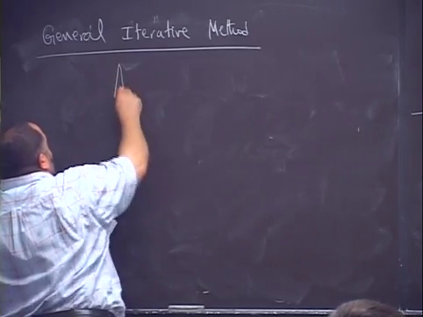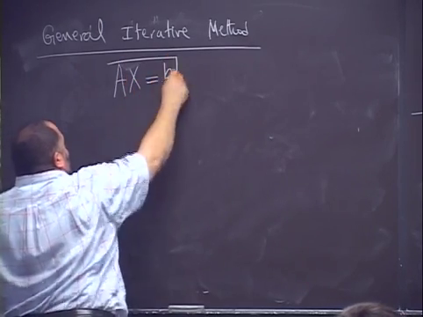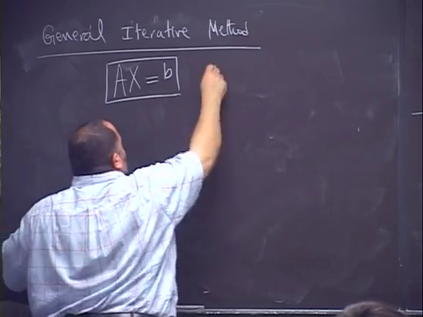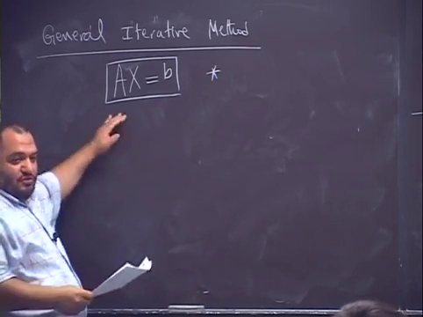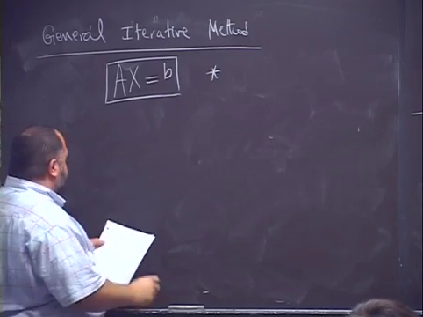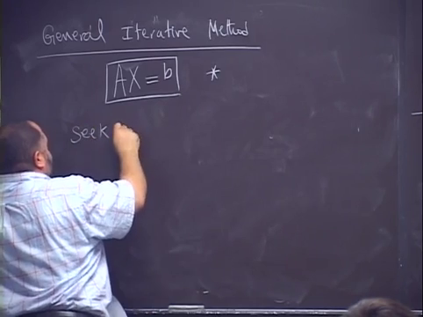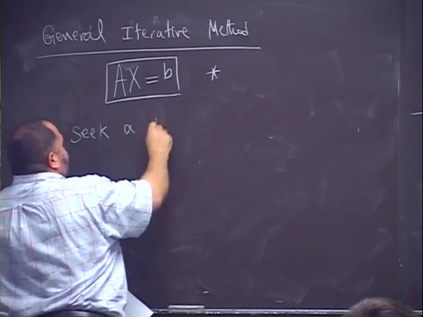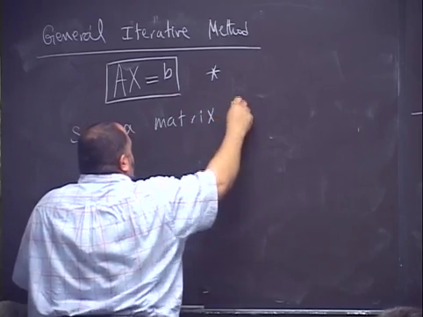So if you have a system like AX equal to B, and we'll call this system star here. The main goal for this iterative technique is to seek a matrix A wiggle.